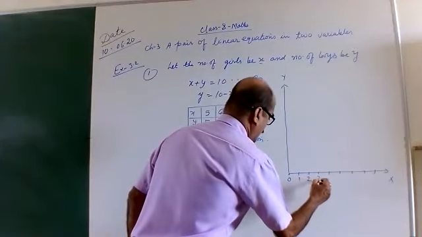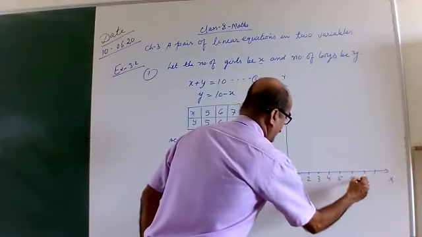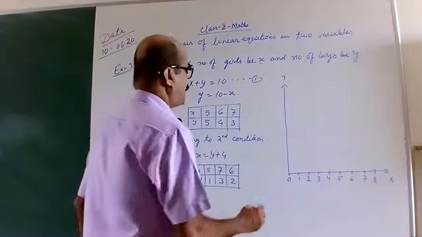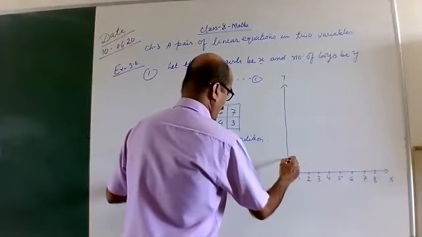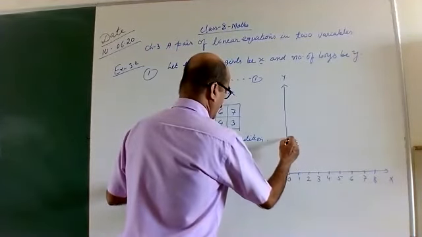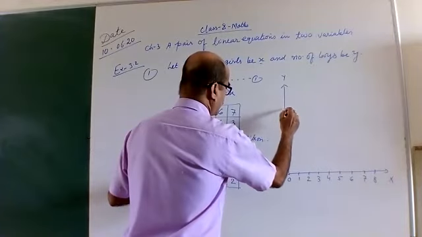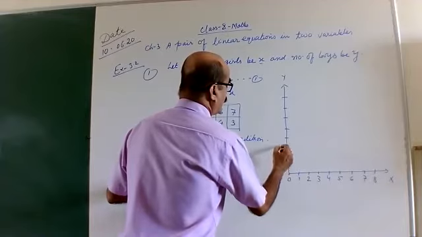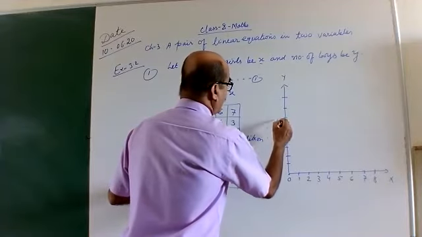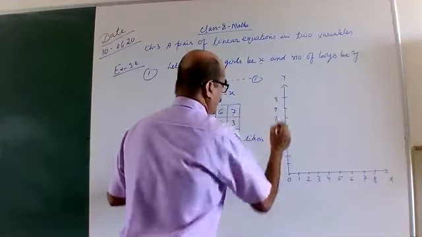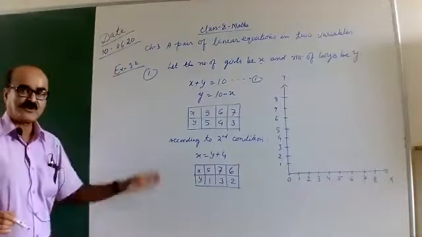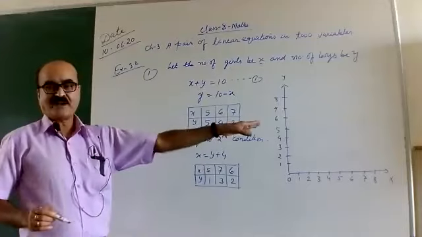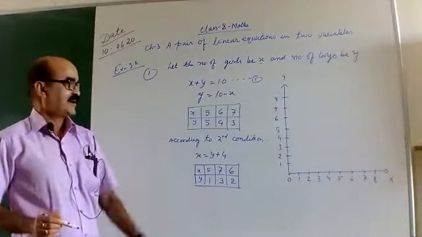And on the y-axis, I am taking some points: 1, 2, 3, 4, 5, 6, 7, 8. You have to take the points in such a way that all our points are included in the graph.